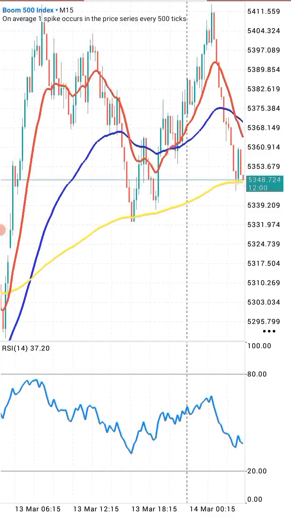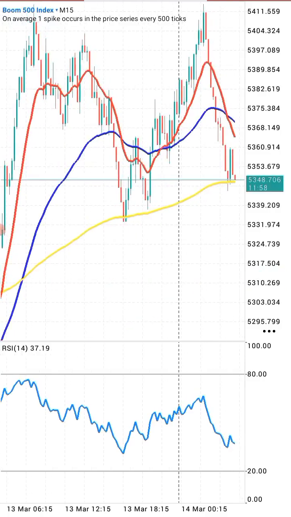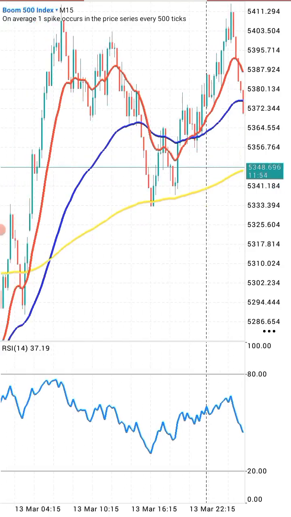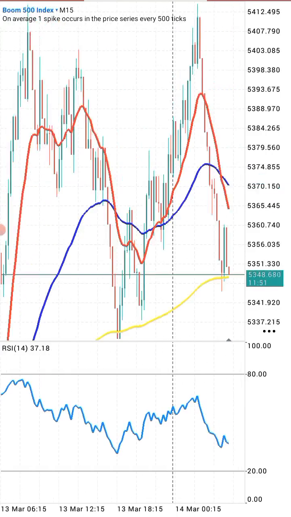Now, what I'm looking for is a buy signal and not a sell signal. Why? Because the trend is up, and the RSI is actually down. So I'm looking for a buy signal and not a sell signal. With this, I reduce the number of losses and the number of fake buys that I would be getting from the RSI. That is one of the secrets that YouTube traders will not show you at all.